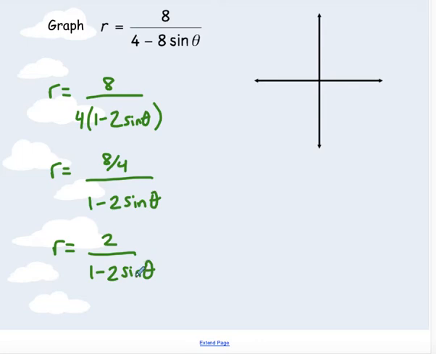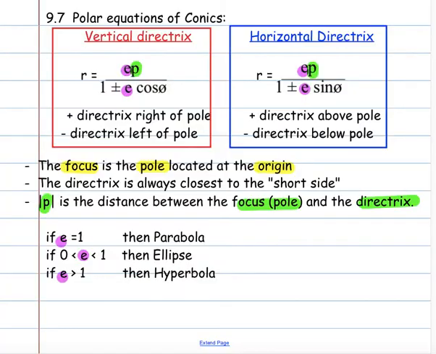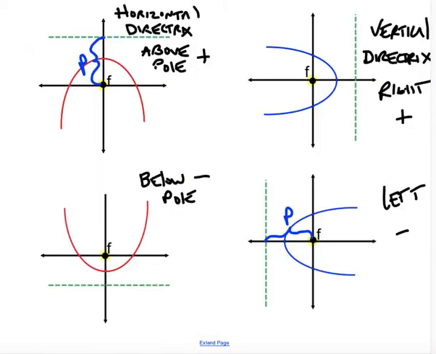So we have a sine, so that means we're going to have a horizontal directrix. In this problem, we have a minus, so that means our directrix is going to be below the pole.